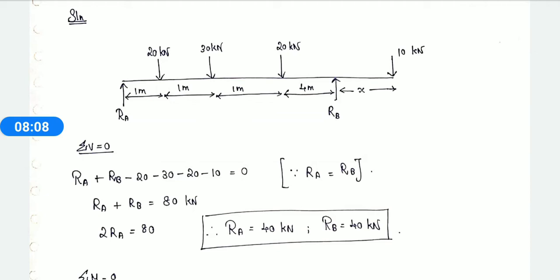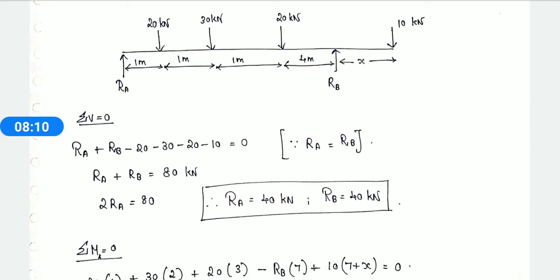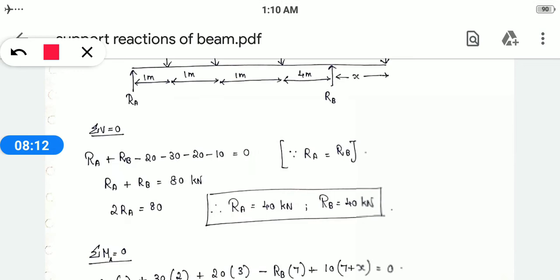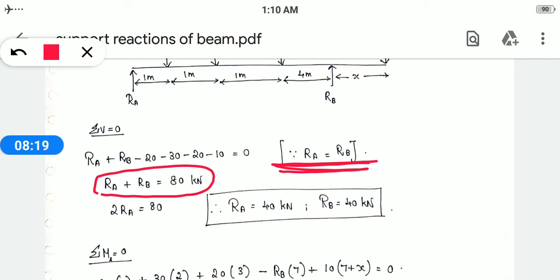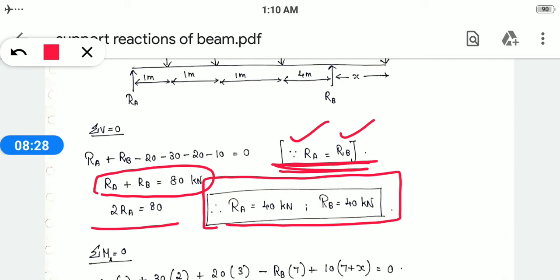Substitute, which will give you RA plus RB is equal to 80 kilonewton. This is what you will get. In the given question they had given that both the reactions are equal, so we adopt RA is equal to RB. When you substitute that, you will get RA is equal to 40 and RB is equal to 40.